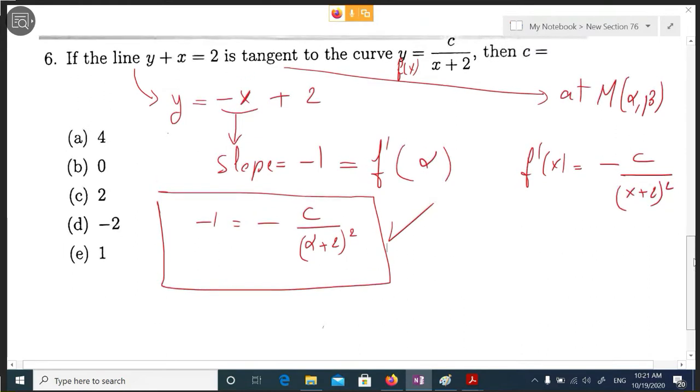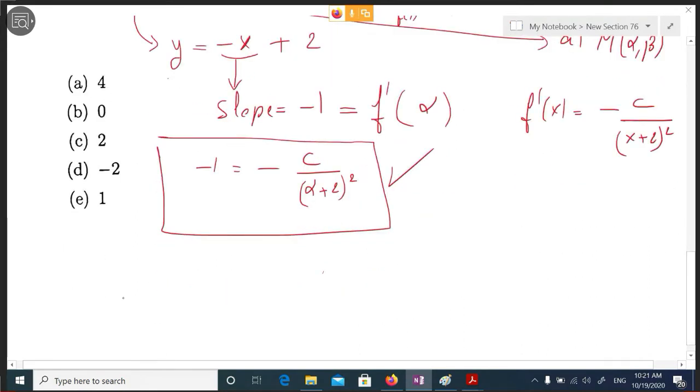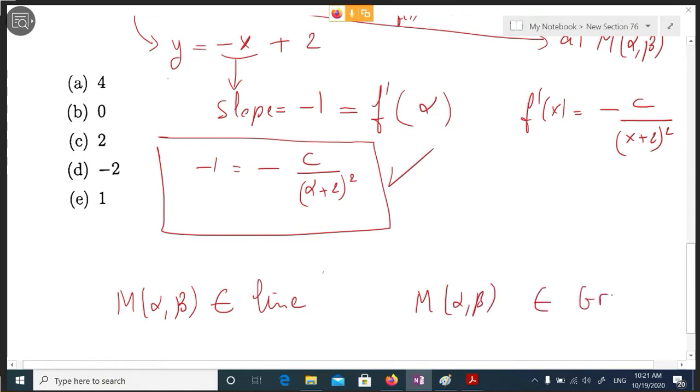This point here is where the line is tangent to the graph. So it belongs to the line, and also it belongs to the graph of the function, C over x plus 2.